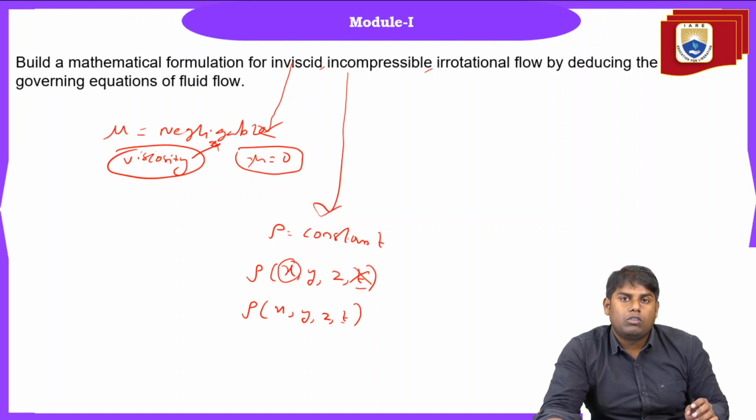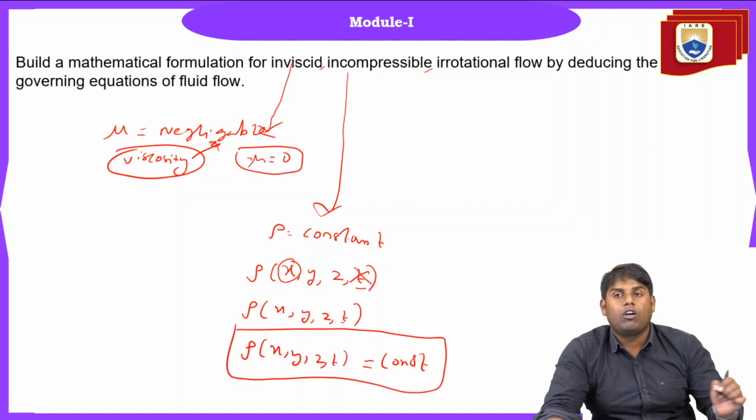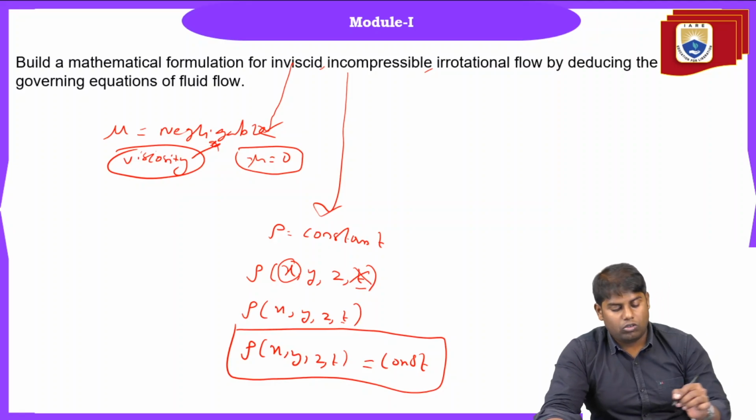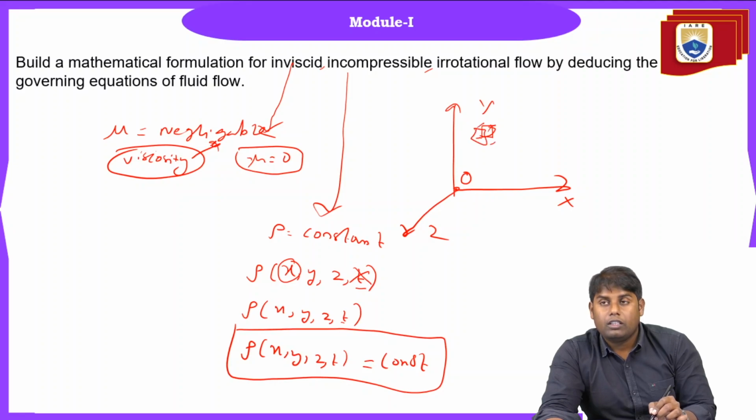Now, if the flow is incompressible, then the density, a function of x, y, z, is equal to constant. Constant in the sense that it will not vary at all with respect to the space coordinates. Let us draw a 3D diagram with the origin of x, y and z. Here you have a fluid particle going from here to here.